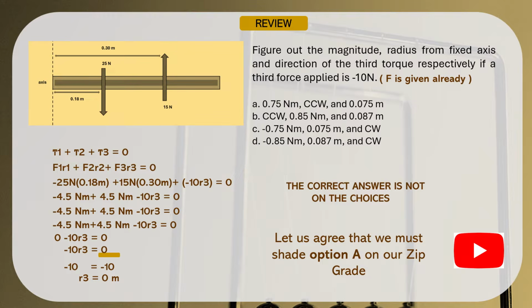We have our first force, then our second force, and then the negative 10 Newton force, which is already given in the problem. But it asks for the magnitude of the radius and the direction of the third torque.